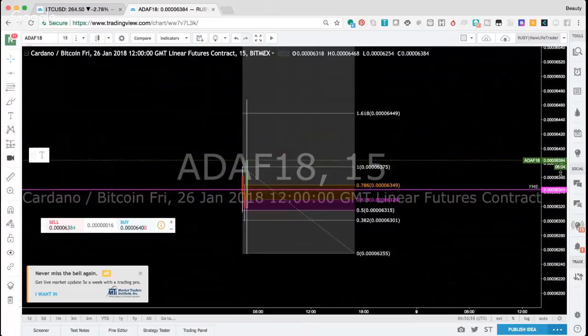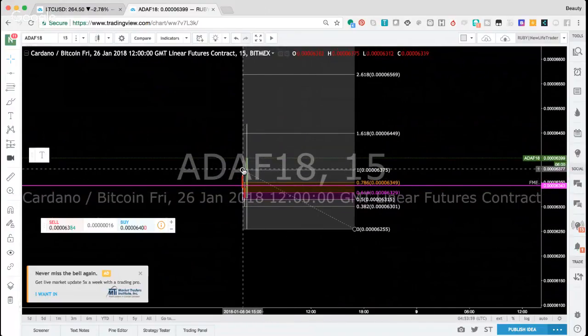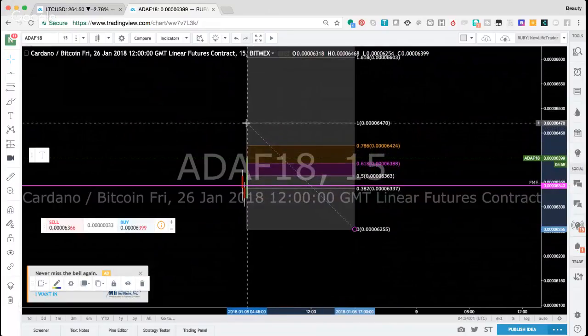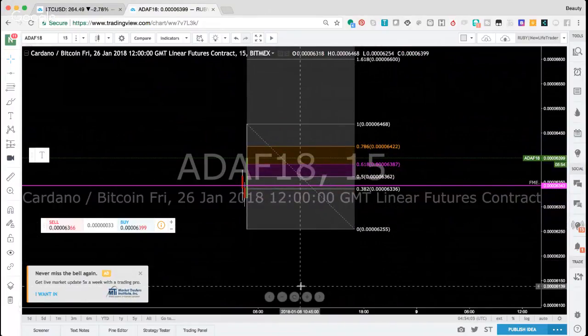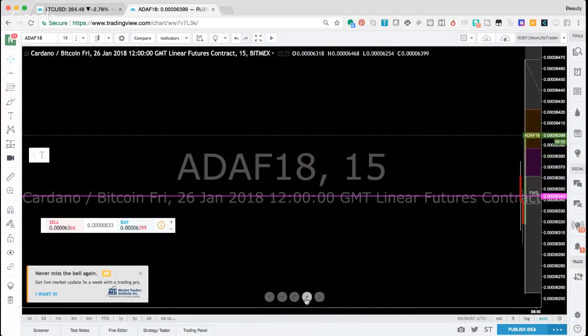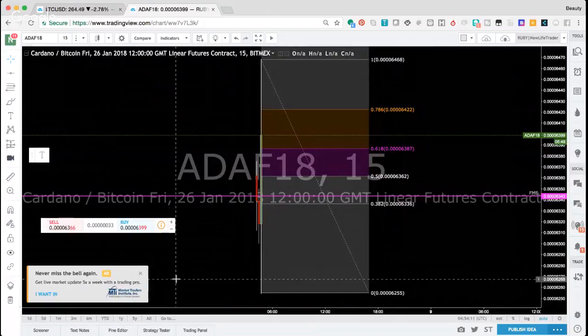So let's see if we can get more information. And then our long is now way up here. So the 50% is now above there. Okay, so we'll just keep playing with it and see what we get out of it. Hope you guys enjoy that sort of thing.